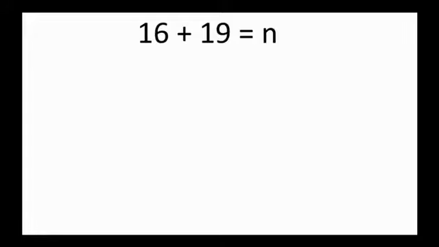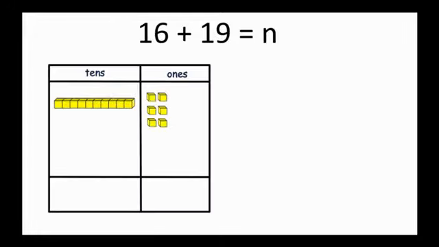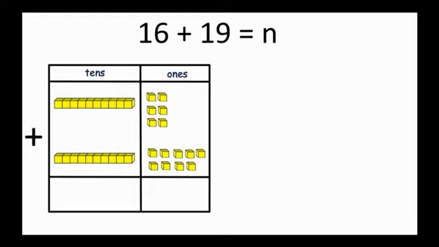Alright, how about 16 plus 19? So we have 16 blocks plus 19 blocks. Let's add the ones. 6 plus 9 equals 15. Okay, now we can still make a group of 10 in the ones.